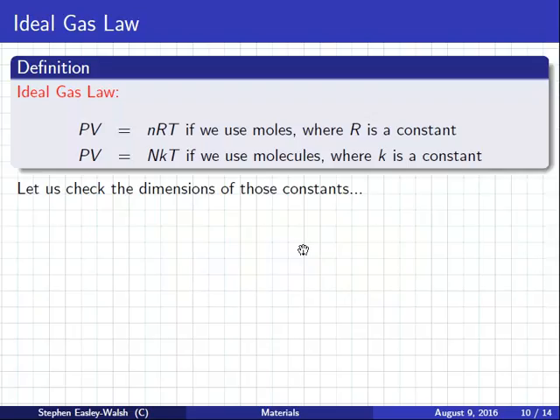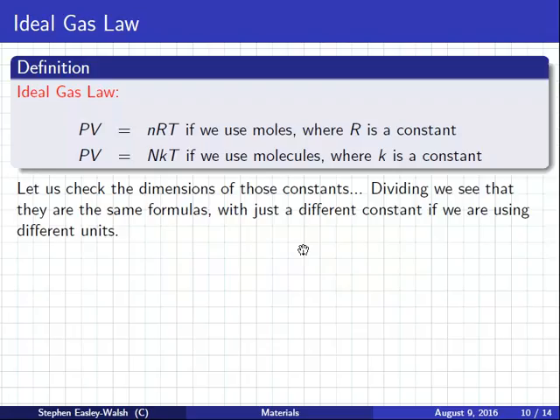And I haven't given you the values of these constants yet. But there is something kind of weird here that always annoys me a little bit. We see they're the same formulas with just a different constant if we're using different units.